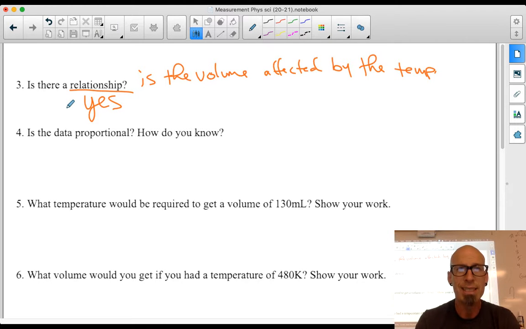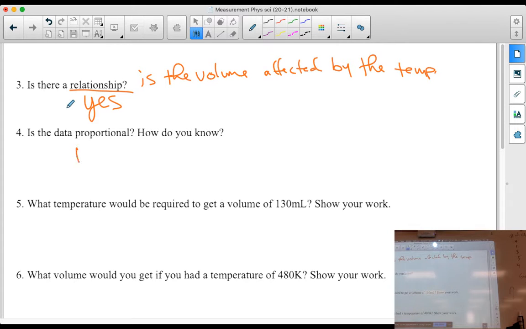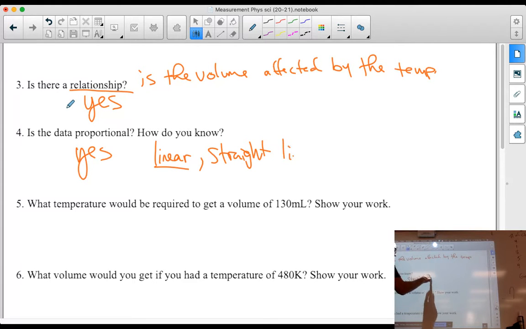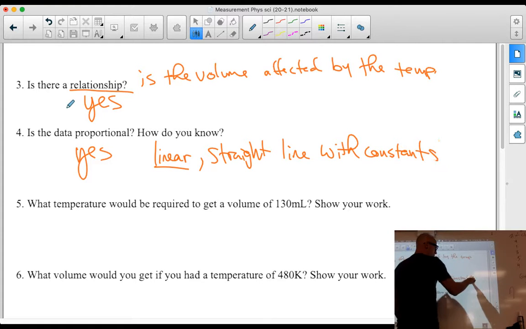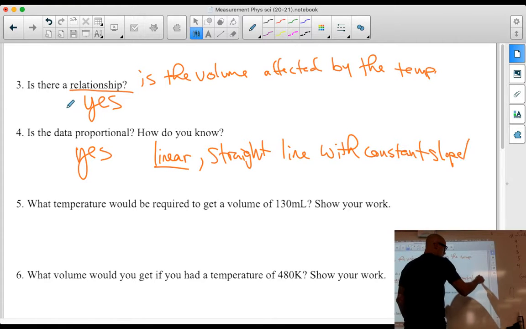Second question, is the data proportional? Yes. And how do you know? It's a linear graph, which means a straight line with constant slope, or ratio.